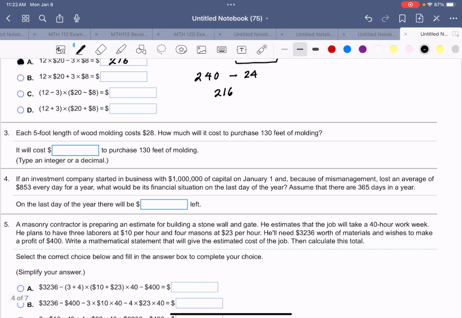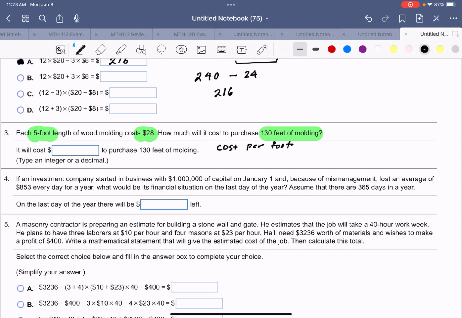Number 3. Each 5-foot length of wood molding costs $28. So you get 5 feet for $28. How much would it cost to purchase 130 feet? Well, our problem here is we don't know the cost per foot. So we're going to do cost per foot.